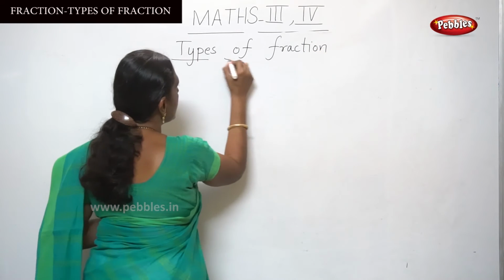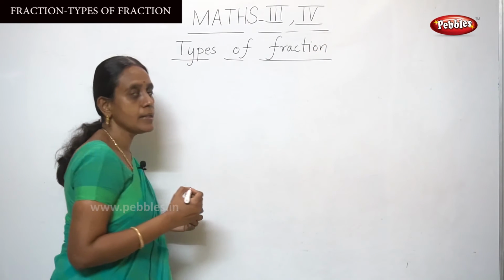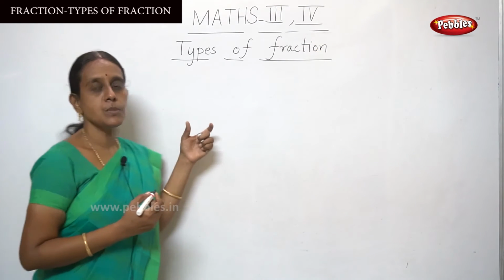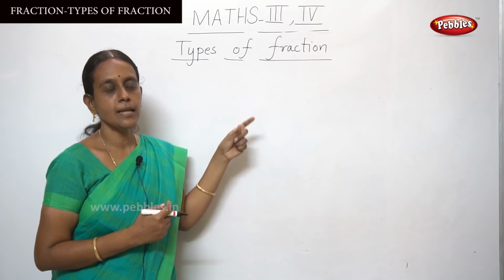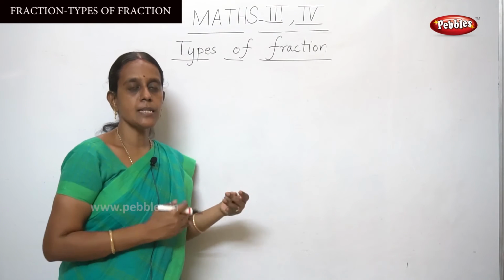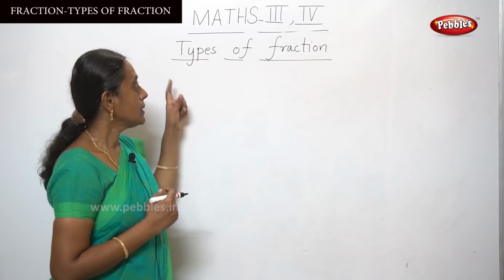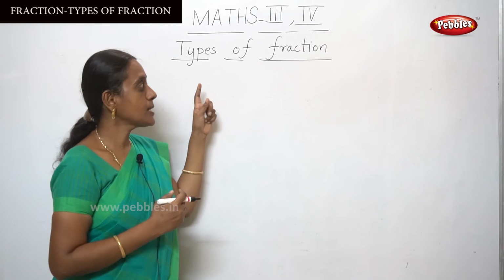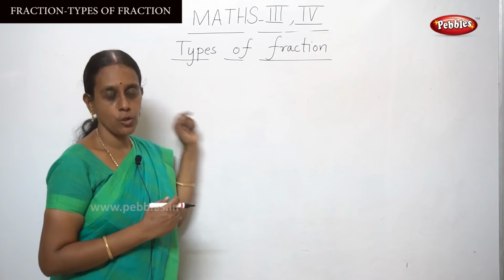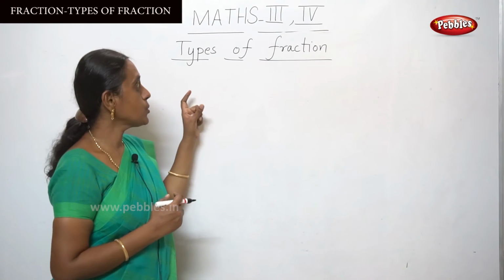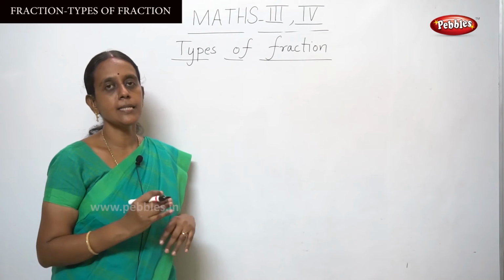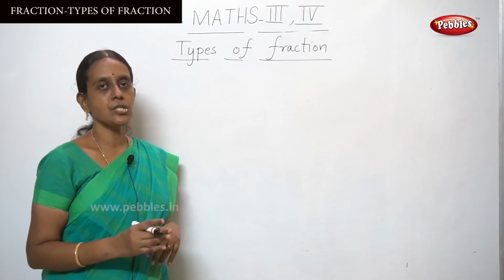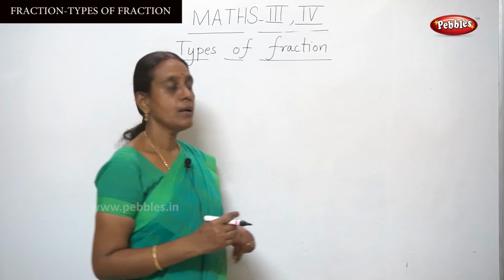Okay, in a fraction, the top number is the numerator and the lowest number is the denominator. Based upon the numerator and denominator, we have to classify the types of fraction into proper fraction and improper fraction.